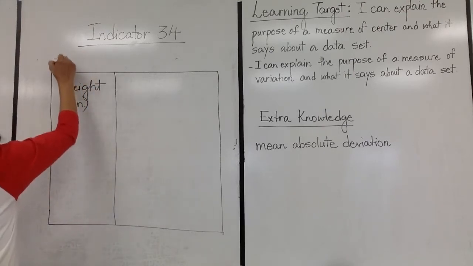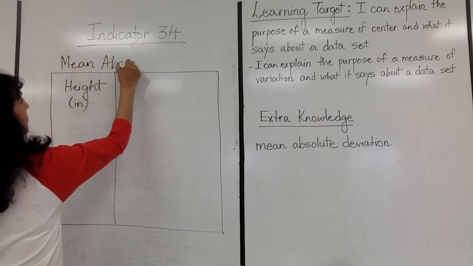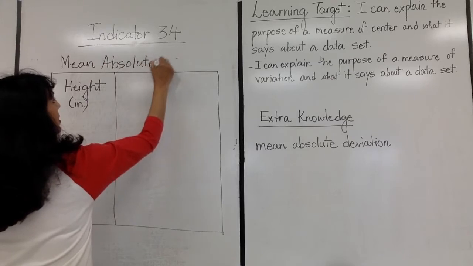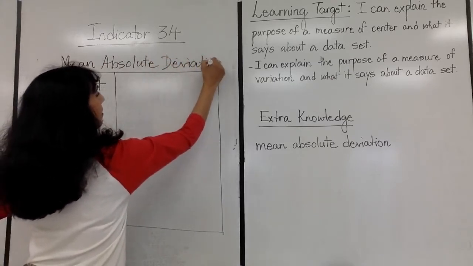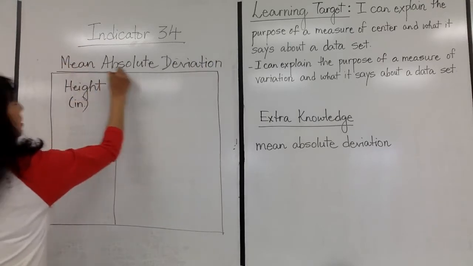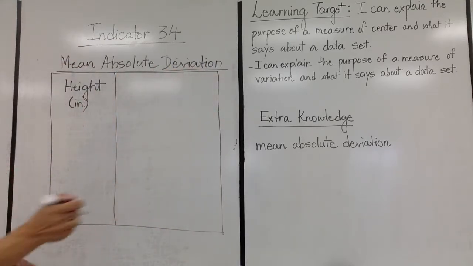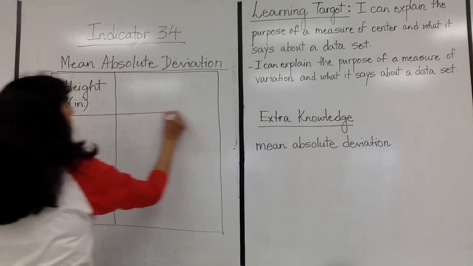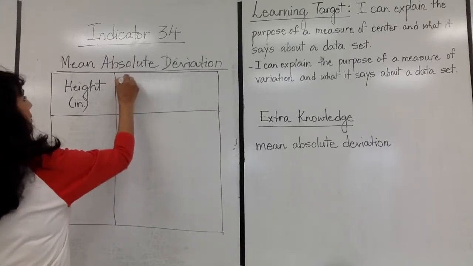And we're talking about mean absolute deviation. Remember, deviation means how much something deviates or moves away from what it's supposed to do. Mean absolute deviation basically is what?